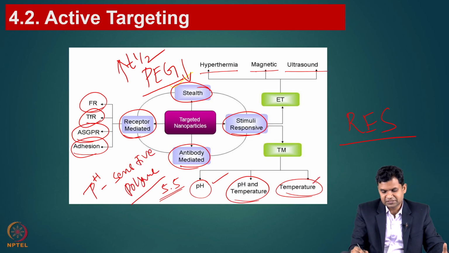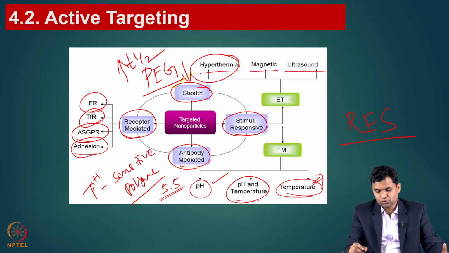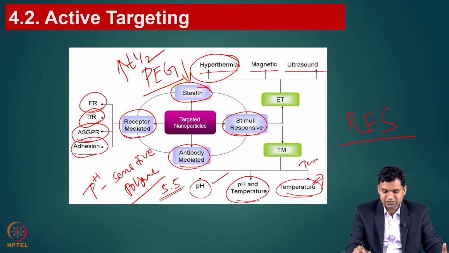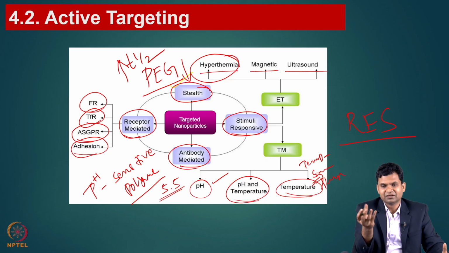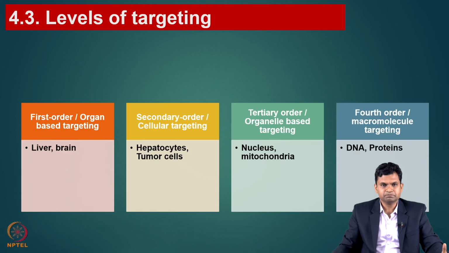If your system is temperature based or hyperthermia based, what you can do is use temperature sensitive polymers. At that particular temperature your polymer will release the drug, similar to the pH sensitive one.